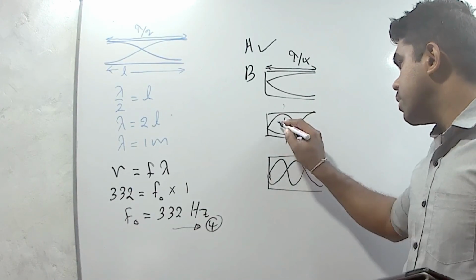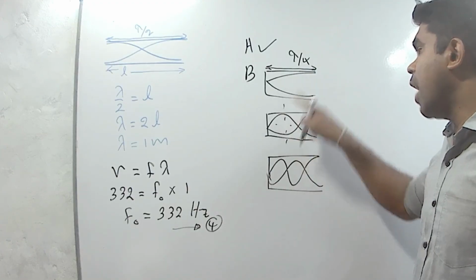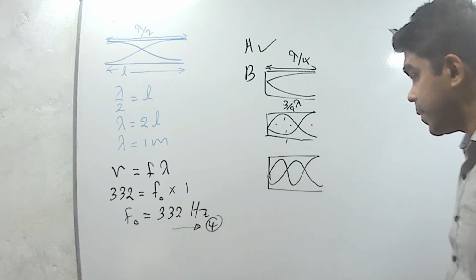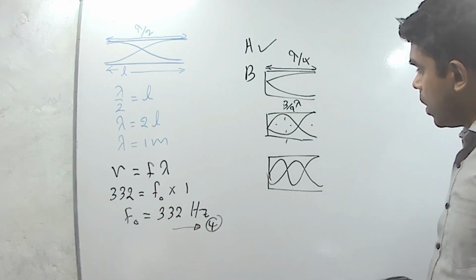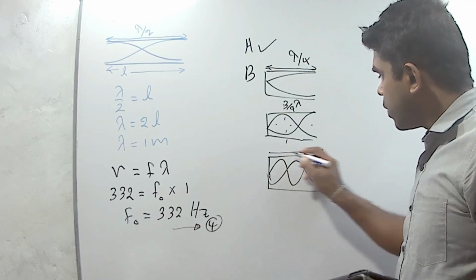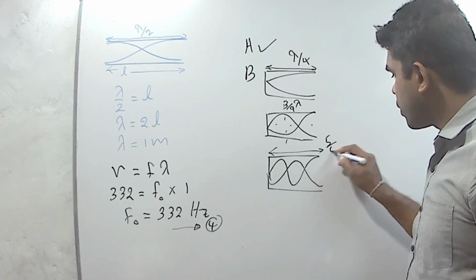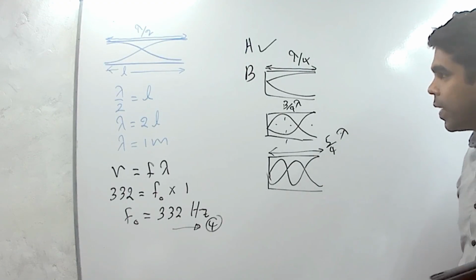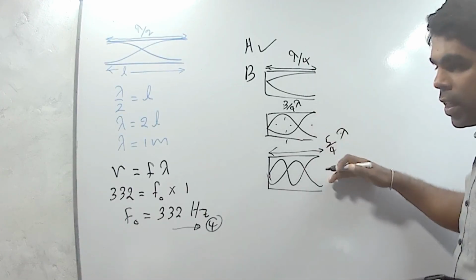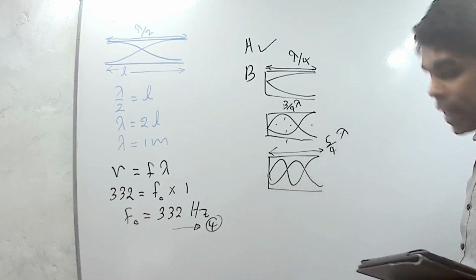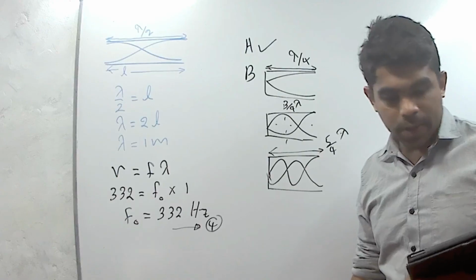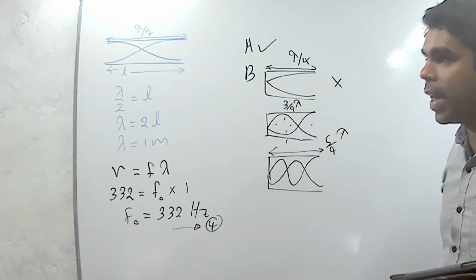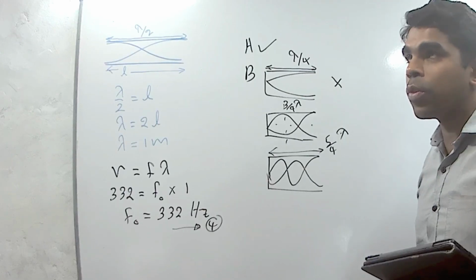In this one, there are 3 parts like this. Therefore, 3/4 of wavelength is the length of the tube. For this one, 5/4 wavelength. Therefore, we can observe only odd overtones for the closed pipe. Therefore, B is incorrect. We can't get even overtones by using a closed pipe.